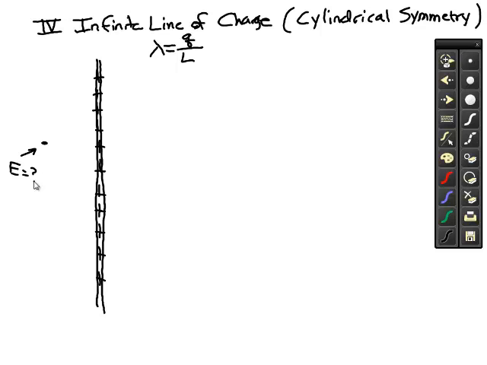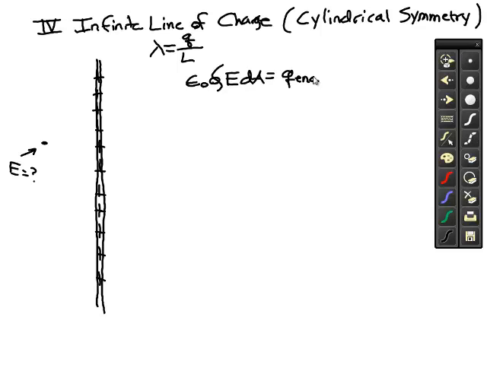So let's follow the steps. First step, consider Gauss's law. Remember, our goal is to create some symmetry so we can pull E out of the integral and make our lives much easier.